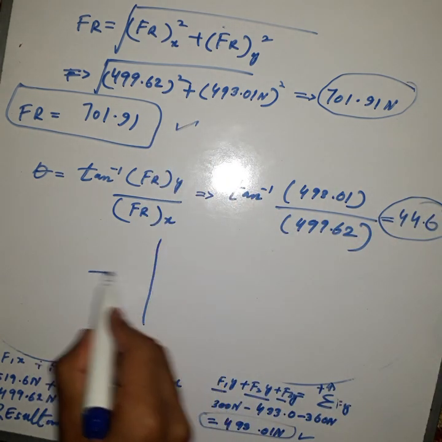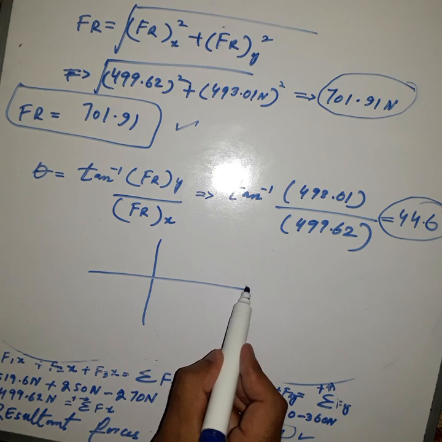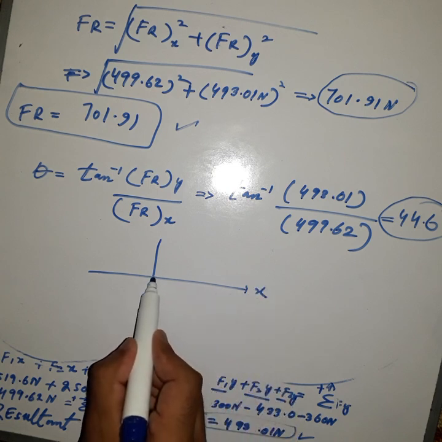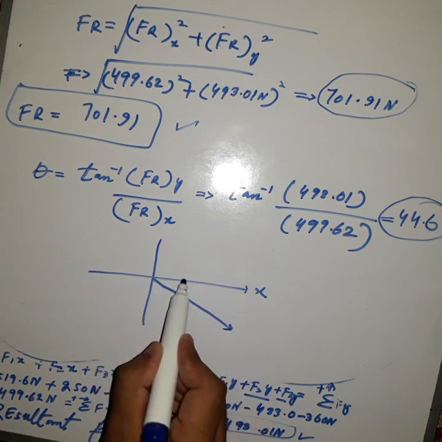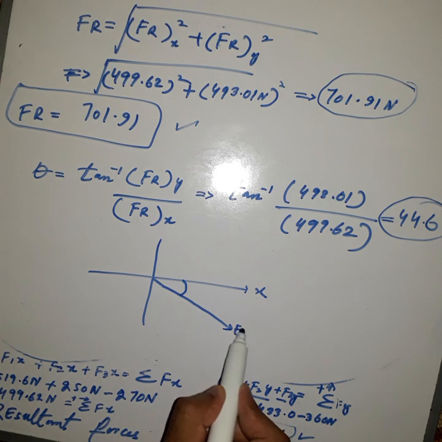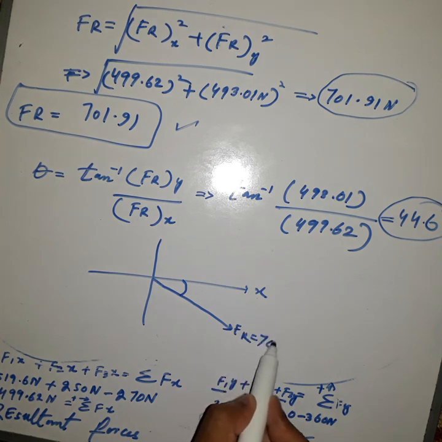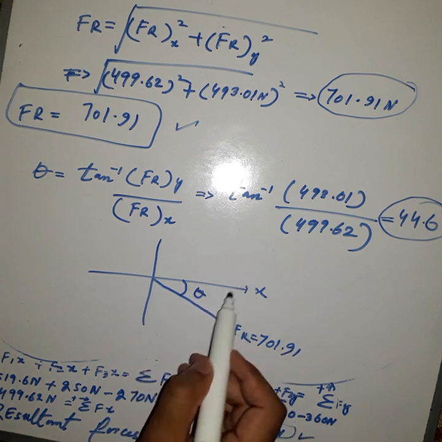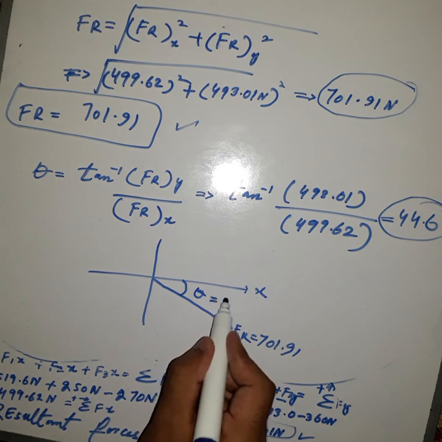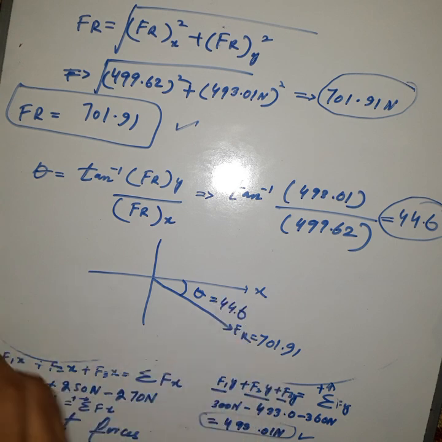Its resultant force is acting clockwise from the positive x-axis, at an angle of 44 degrees. This is our FR having a magnitude of 701.91, and its angle with the x-axis is equal to 44.6. This was our answer.